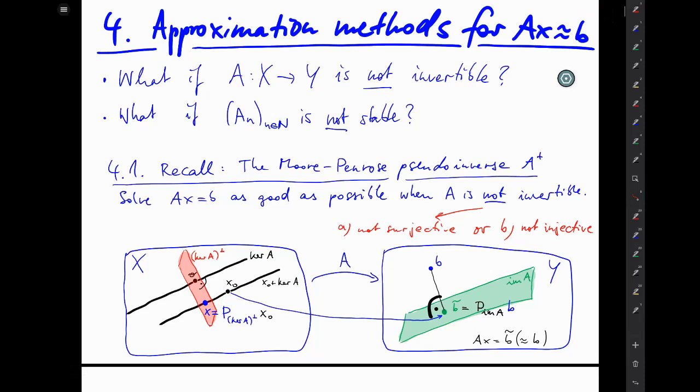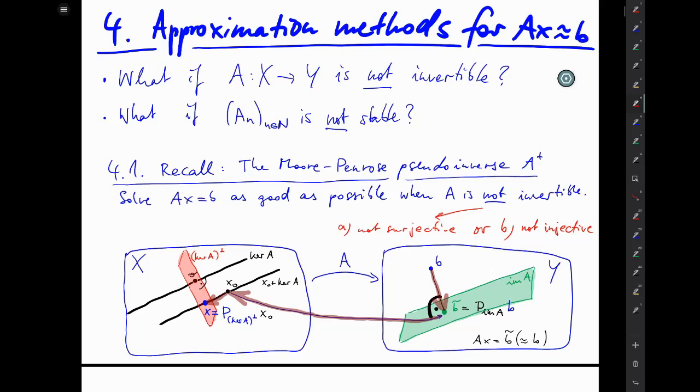And so in the end we have 3 steps that bring us from B, the right hand side, to X, the solution. So the first step is this orthogonal projection here onto the image of A. Then the second step is solving that new and replaced equation AX equals B tilde. And the third step is, again, another orthogonal projection now onto kernel A orthogonal complement.